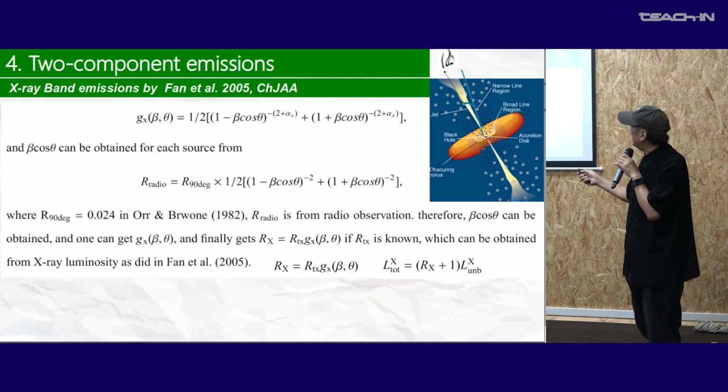This g_X also depends on theta, beta and alpha_X. But if we know beta cosine theta, we can get g_X.